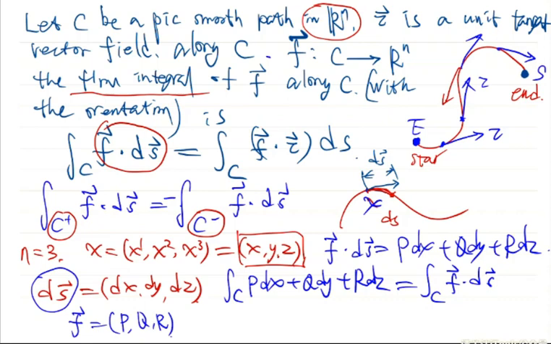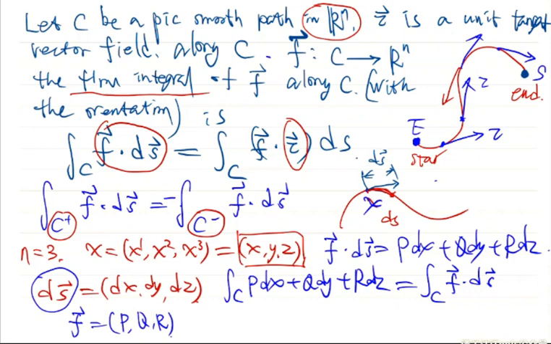Okay, since tau is a unit vector, the tau here in the right hand side of the definition of the flow integral is a unit vector.